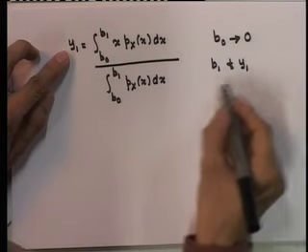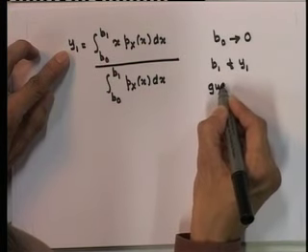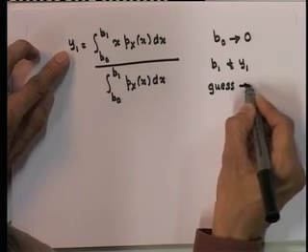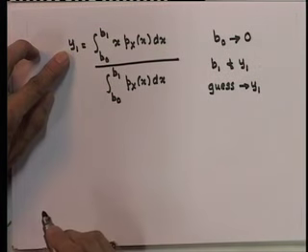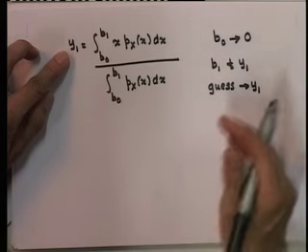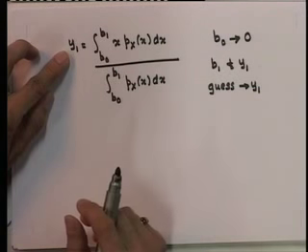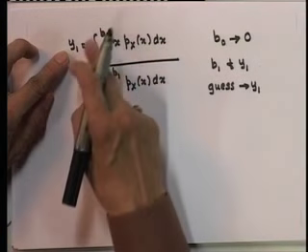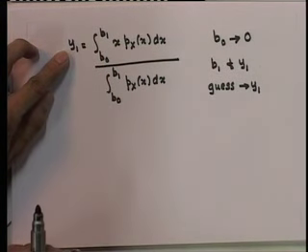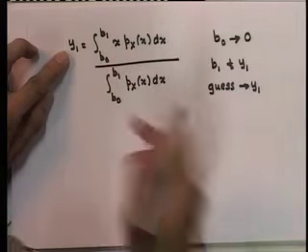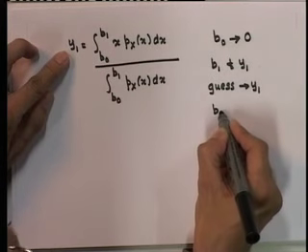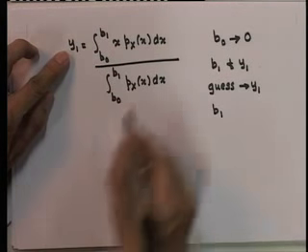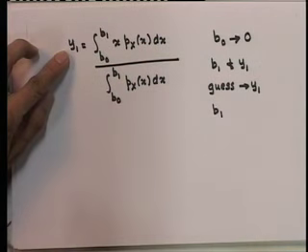Now, we make a guess at y_1 and later we will try to refine this guess. Using this guess in this equation, we numerically find the value of b_1 that satisfies this equation.